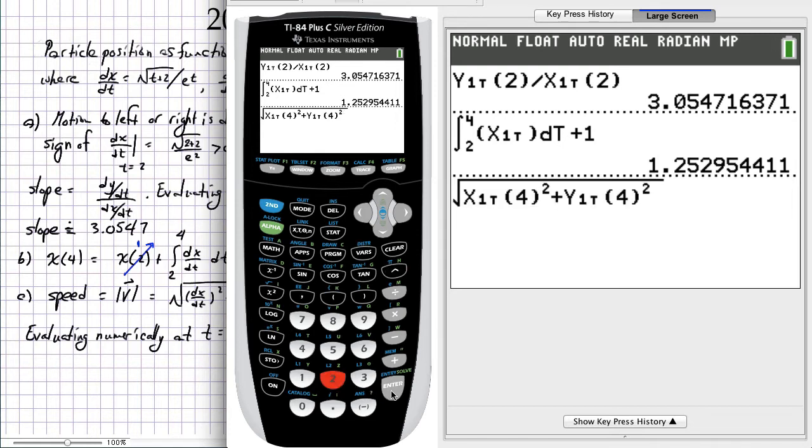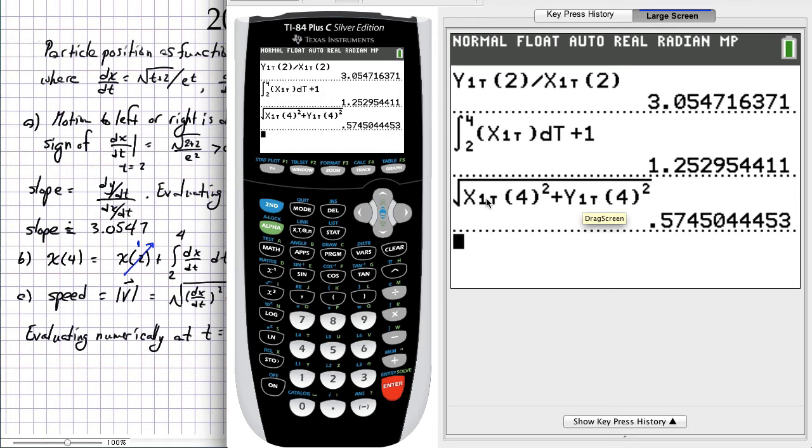That's what we're looking for. And again, don't be confused. x1t, we chose to store the dx/dt equation in. Similarly for y1t. So this really says dx/dt at 4 squared, dy/dt at 4 squared. And we get 0.5745.